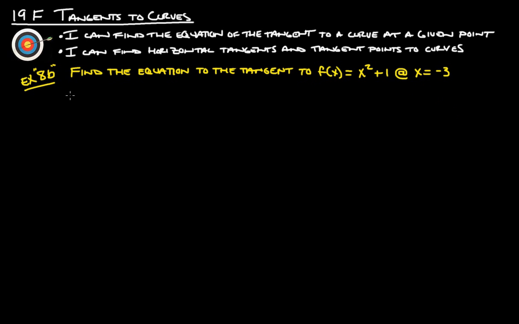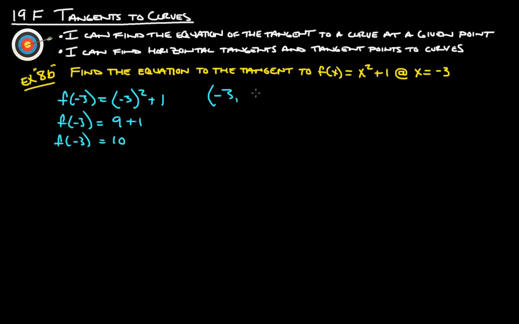The first step is to plug this negative 3 into the function and get our point. f of negative 3 is negative 3 squared plus 1. Negative 3 squared is 9, so f of negative 3 gives us 10, because we have 9 plus 1. So our point is negative 3 and 10.